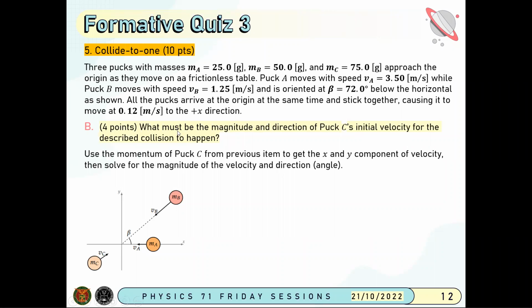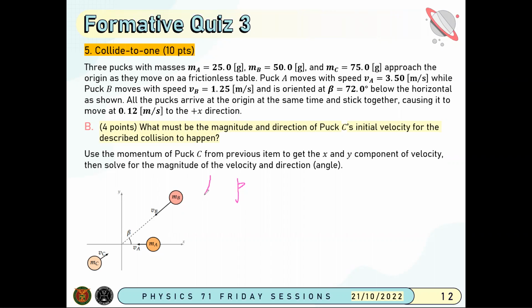For letter B, what must be the magnitude and direction of box C's initial velocity for the described collision to happen? So magnitude and direction of initial velocity of box C. So remember from letter A, from question A, we get the momentum of box C initially. Diba?